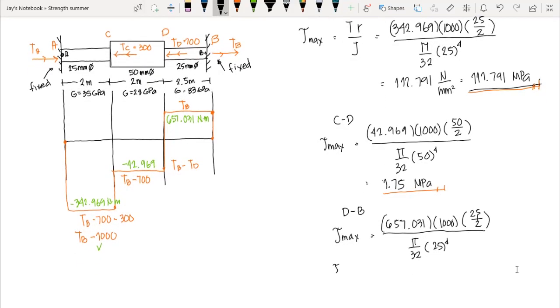So we have our maximum shearing stress for DB, that is equal to 214.159 megapascal. So this is the maximum shearing stress in member DB.